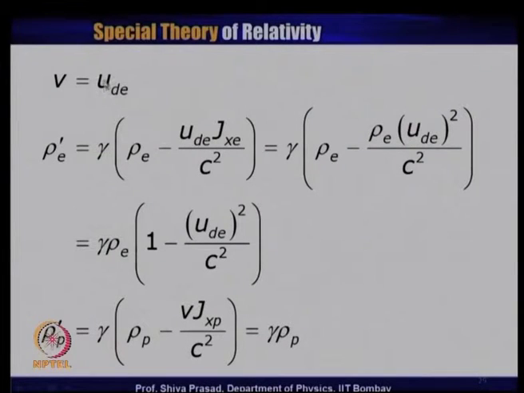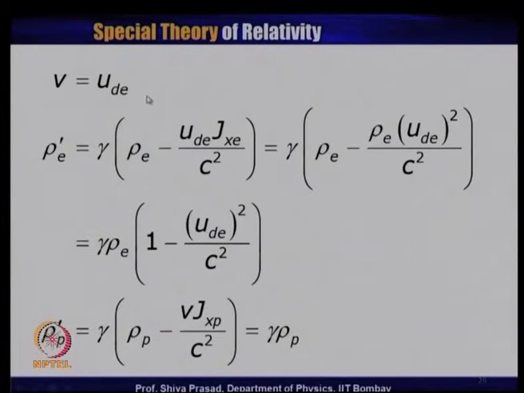Of course, I have reserved the symbol U instead of V, though when we originally defined charge densities we had used the symbol V, because we have always reserved U for the relative velocity between the frames. Of course, in this specific example, I am taking U equal to u drift because only in that particular case will the electrons, or the negative charge carriers, be at rest.